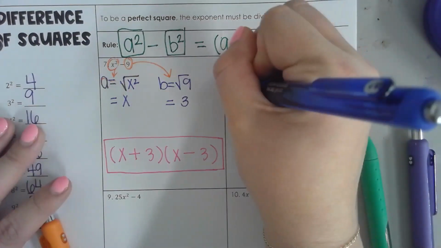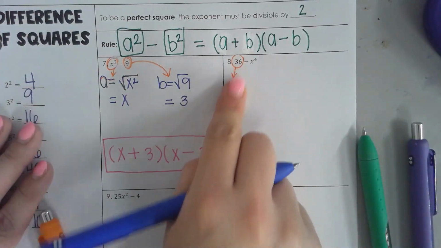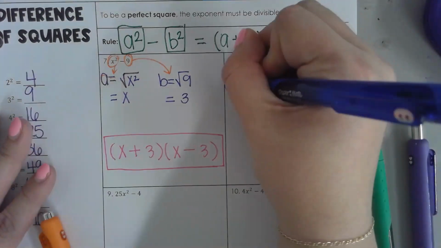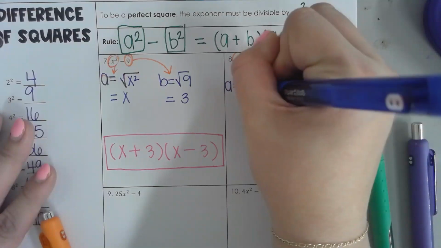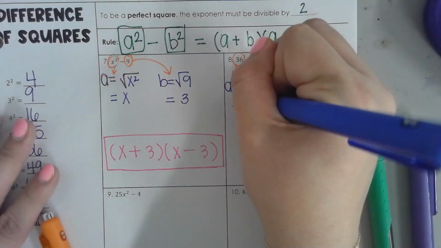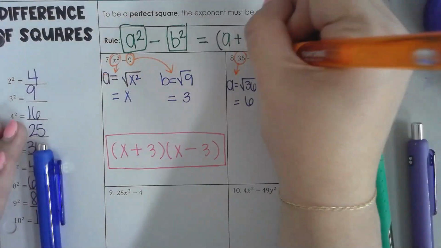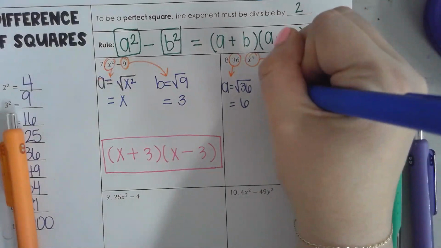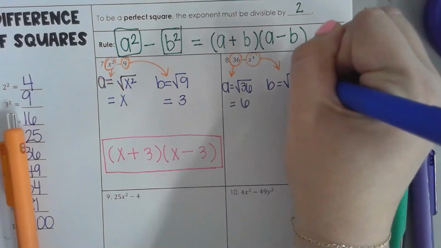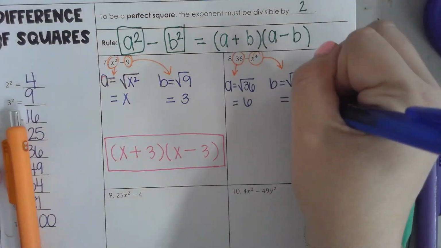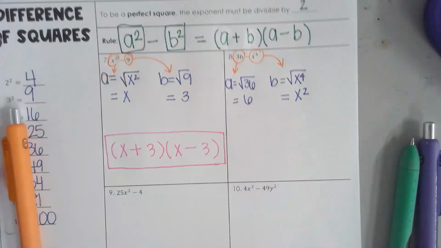My a, it's always the first part, whether that has an x in it or not. So a is the square root of 36, which is 6. B is the square root of x to the 4th, which is x to the 2nd, x squared.